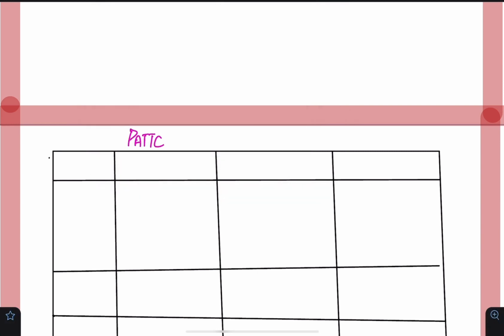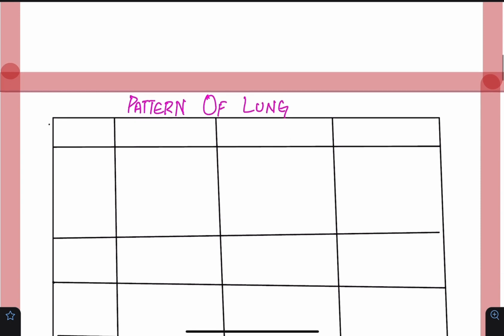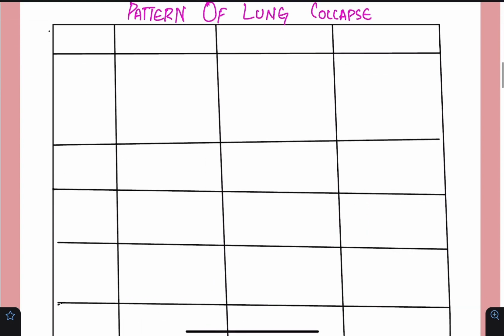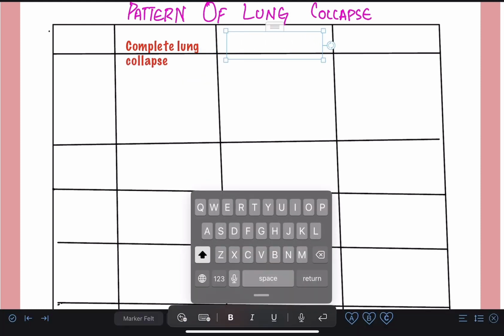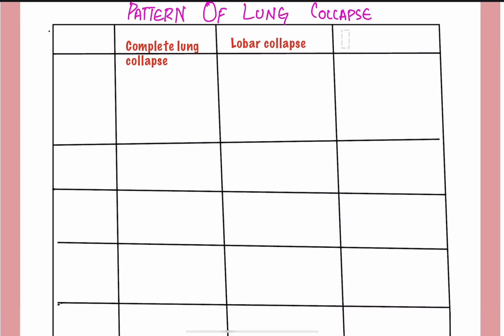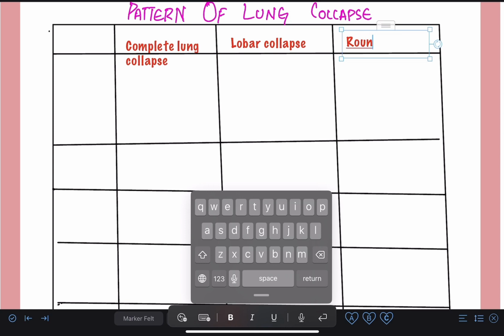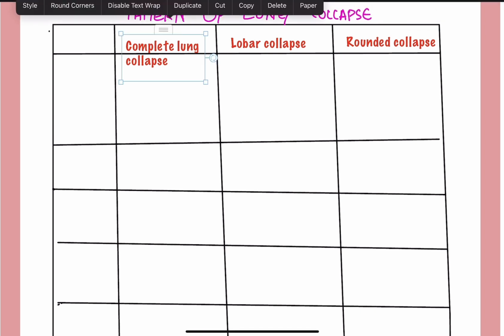So now we will see different patterns of lung collapse. These are complete lung collapse, lobar collapse, and round atelectasis or round collapse.